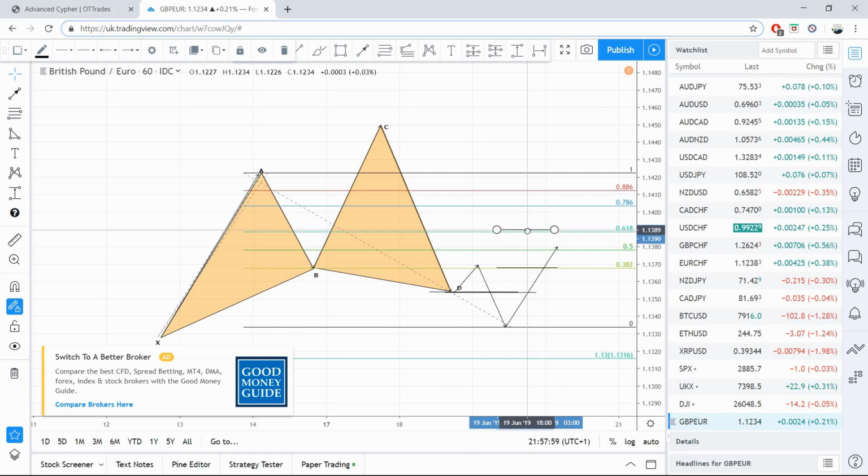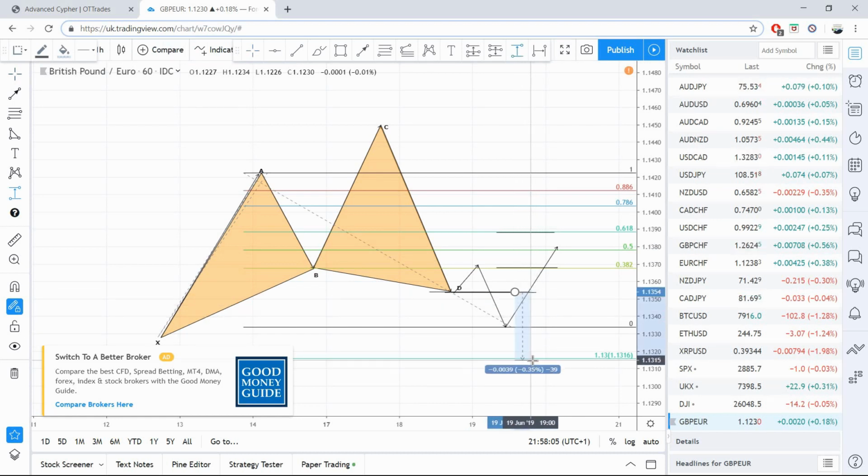Now this obviously lowers your risk to reward because you're now risking 38 pips to only make 34, 35 pips.